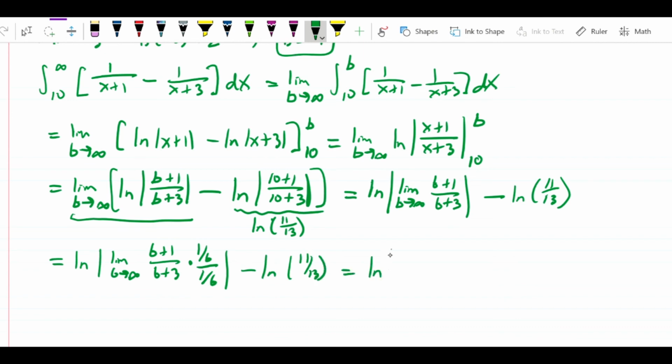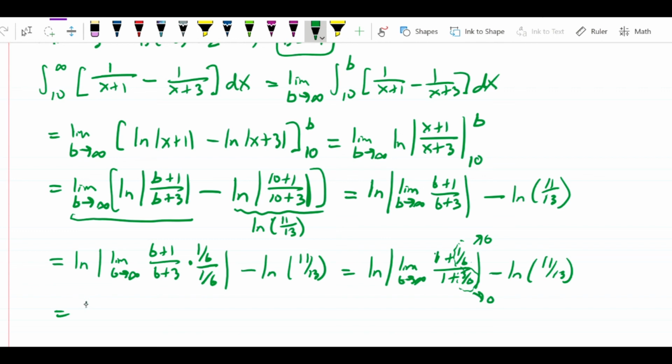That's going to equal ln of the limit as b approaches infinity of (1 plus 1 over b) over (1 plus 3 over b), and hopefully you can then see why this expression is approaching 0 and this expression is also approaching 0.